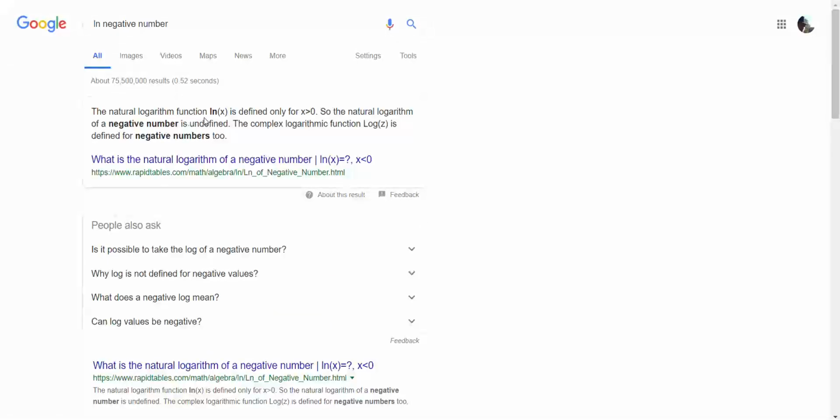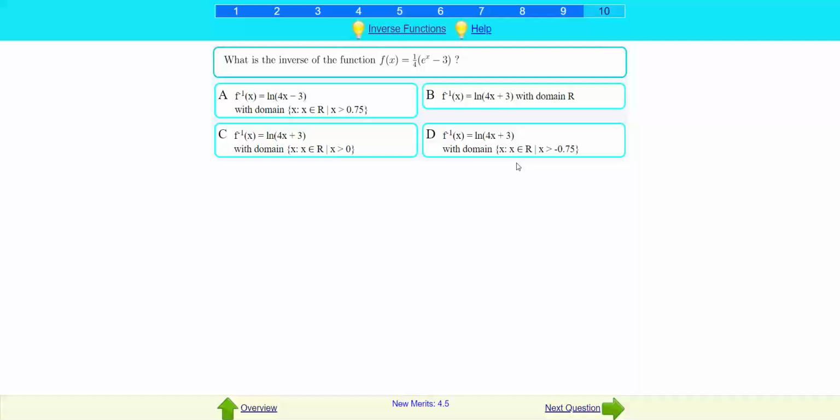The natural logarithm function is defined only for positive numbers. So this is not correct.